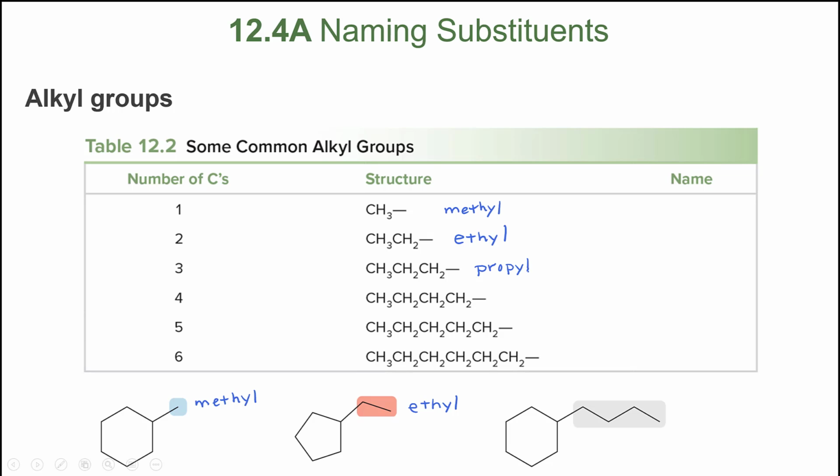A 4 carbon alkane chain before was butane. We dropped the ane ending and use yl, so this is a butyl, which is what we see here. 5 will be a pentyl, and 6 will be hexyl. So those use those same precursor beginnings. So meth, eth, prop, but, pent, and hex.